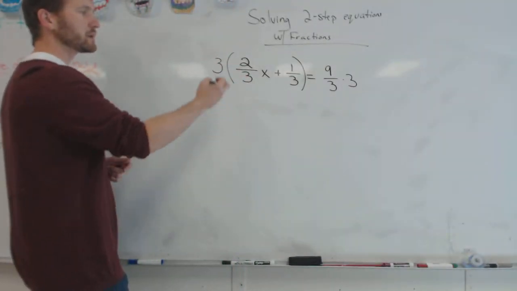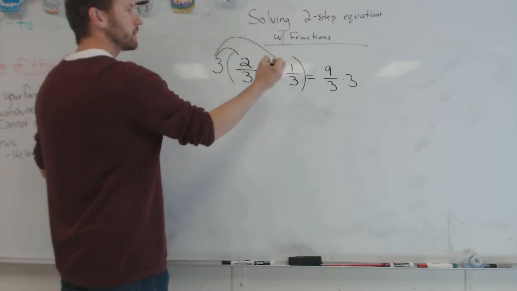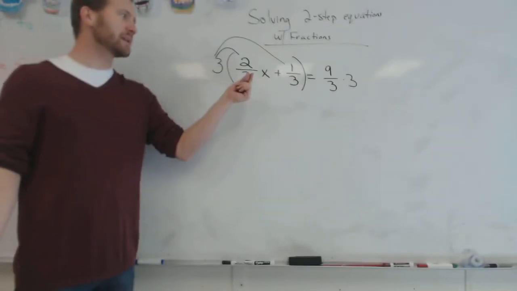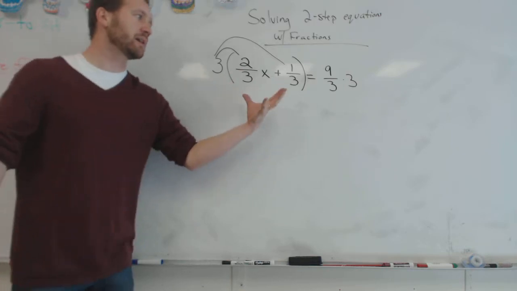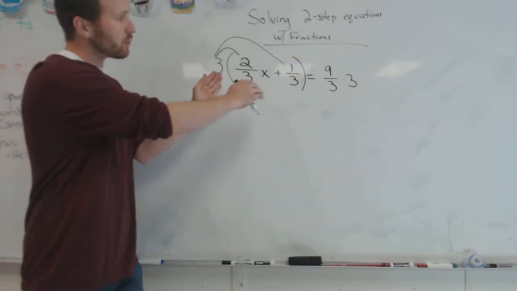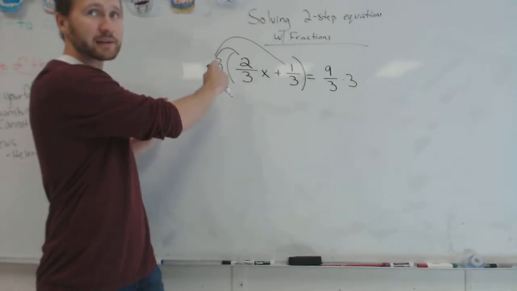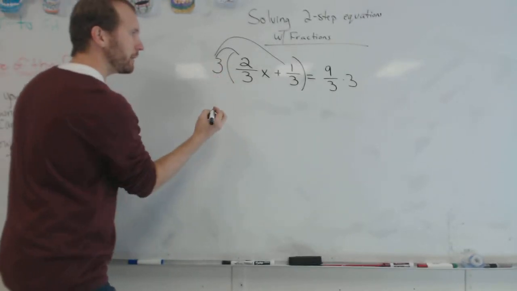Now watch what happens. Distributive property. I can't forget to distribute because I'm multiplying the entire side of the equation by 3. So now I'm not multiplying 3 times this, I'm multiplying 3 times this whole thing. So even though there weren't parentheses there, I'm going to put them in to show that that's what I'm doing. Okay, now I'm going to distribute.